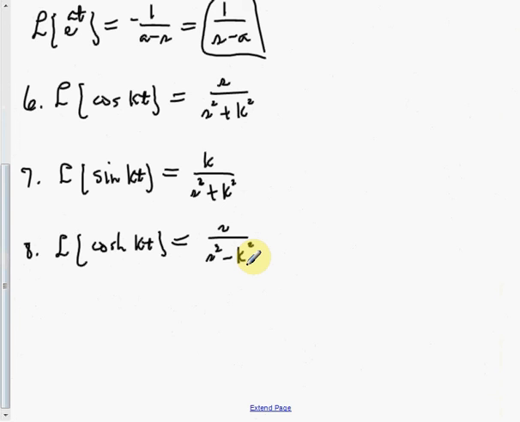And then number 9, the last one that I have, is hyperbolic sine kt, and it's k over s squared minus k squared. All right? Well, let's look at a problem, because tomorrow when I come back, I will solve either 6 or 7. And so you'll be able to see that.